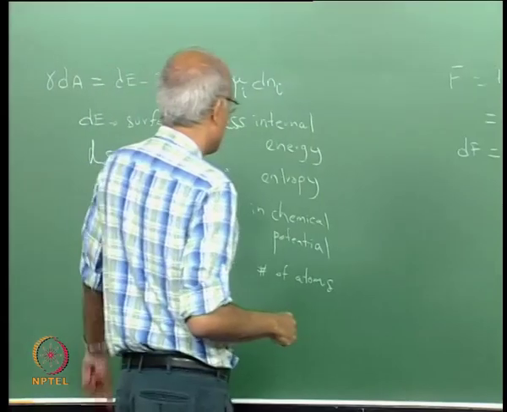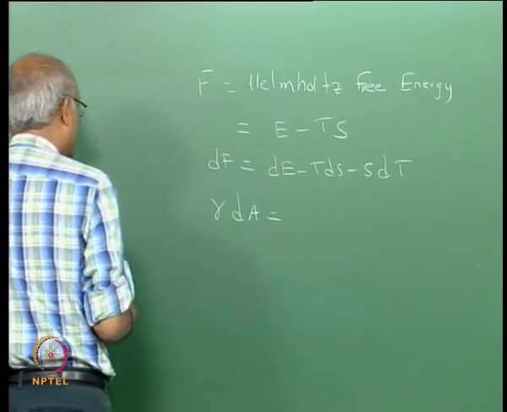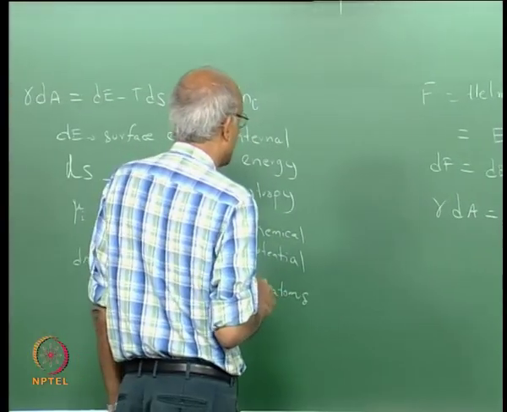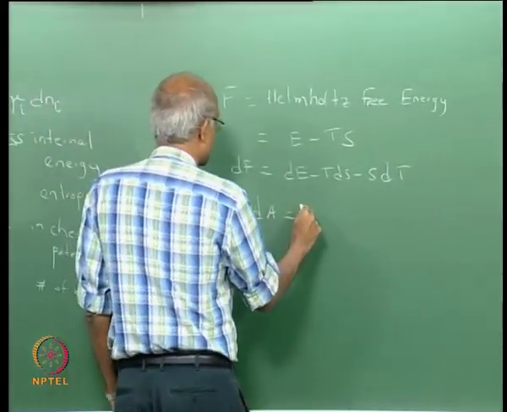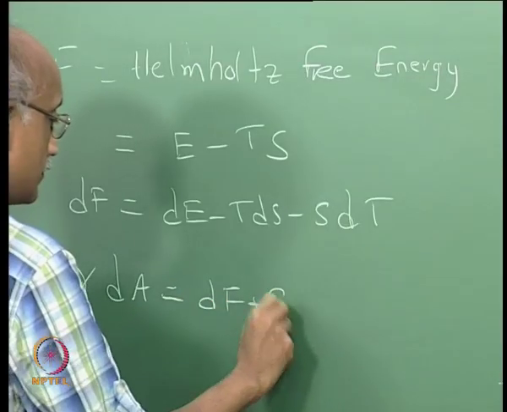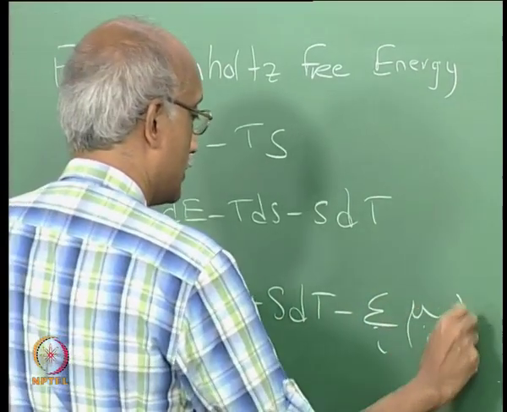So, you can go back to this equation for gamma dA and substitute in terms of the Helmholtz free energy, and you will get dE minus TdS equals dF plus SdT minus summation over i mu_i dN_i.